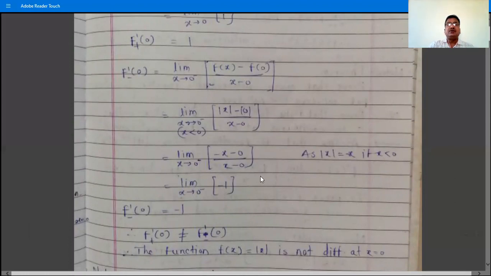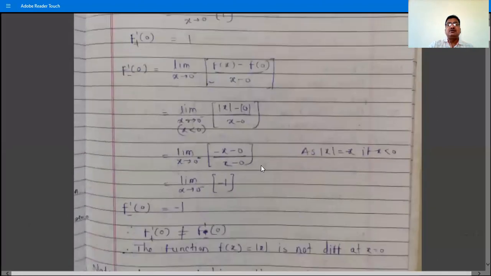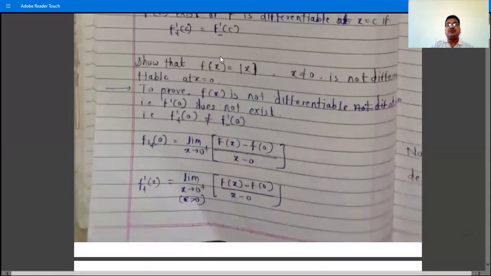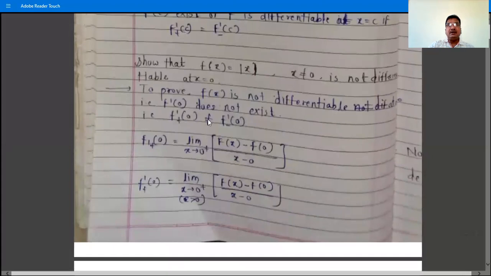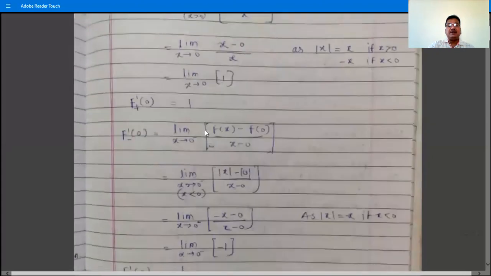But the converse is not true, that if the function is continuous, then it may or may not be differentiable at that point. So the counter example is f(x) = mod x. This function is continuous at 0, but is not differentiable at 0. That is, continuity does not imply differentiability.